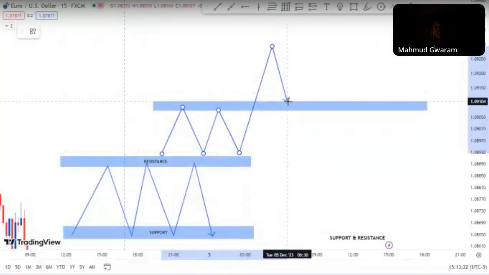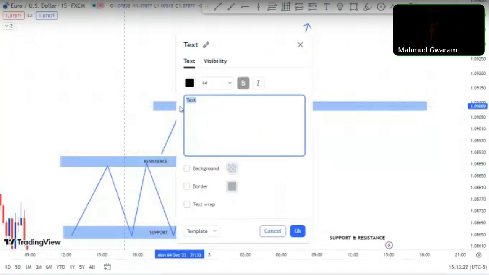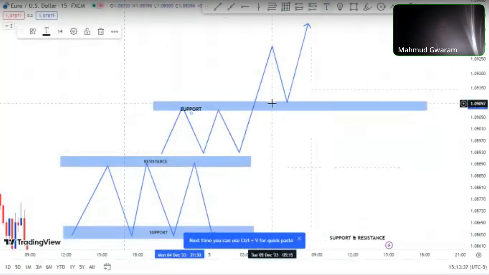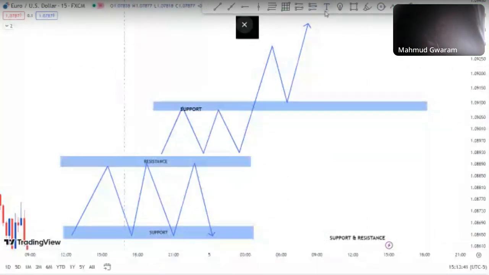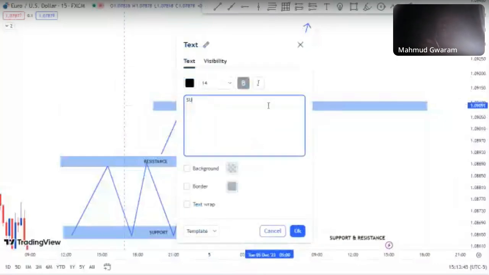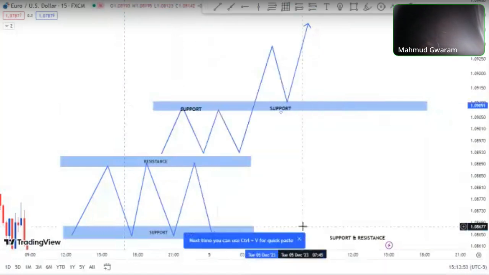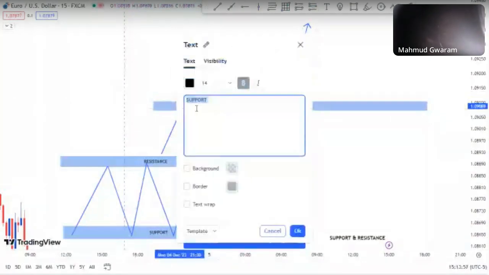It will now become resistance like this. So this part of the rectangle block or the zone is what is acting as support. After the breakout, we wait for a retest, and now it's acting as resistance. This is what we call support becomes resistance. When it's acting as support, this is what we call resistance becomes support, right? Sorry, mistake. Resistance.